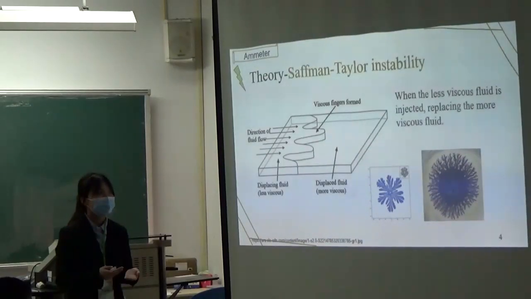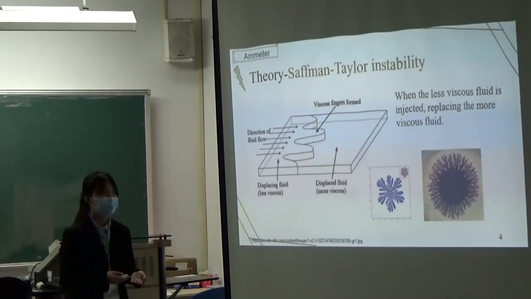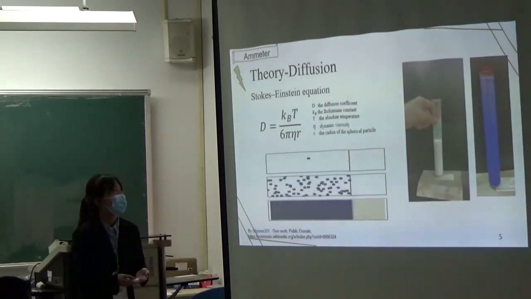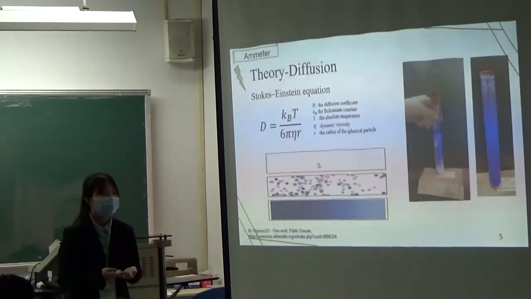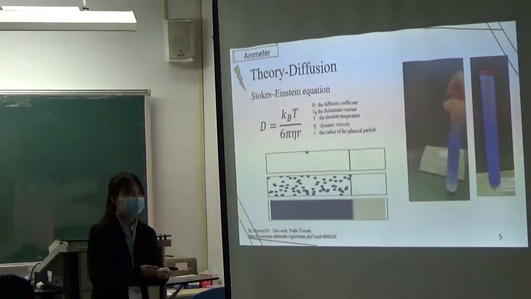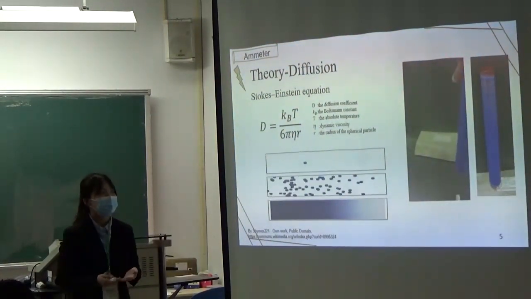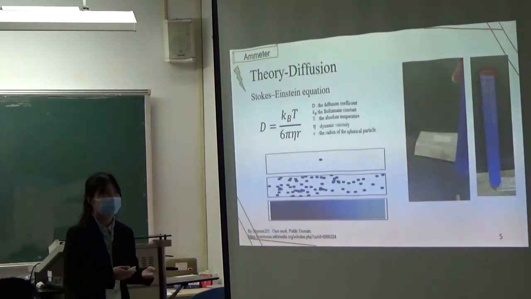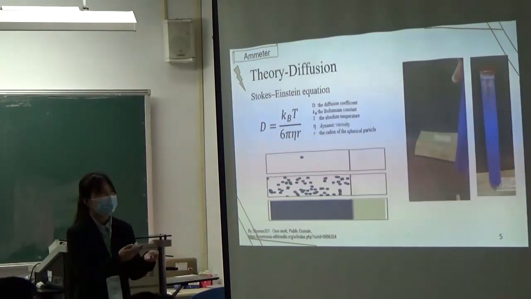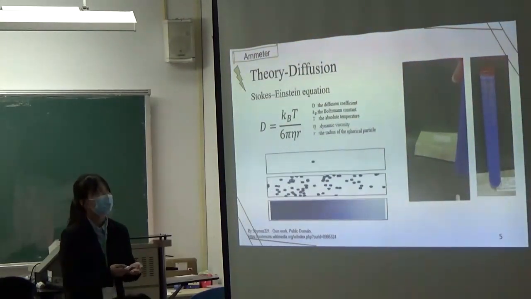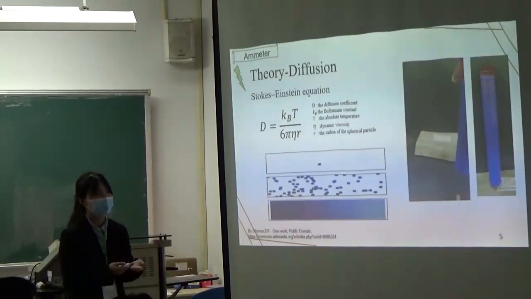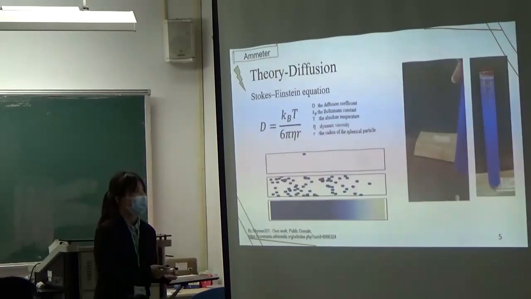And here is the segmental instability. When the less viscous fluid is injected, replacing the more viscous fluid, it will form the fingers. And here is the theory about the diffusion. We mix the isopropyl alcohol and the diluted acrylic paint and leave them for a long time, and we see they have no delamination, so they are miscible, which proves that IPA will diffuse in the diluted acrylic paint.